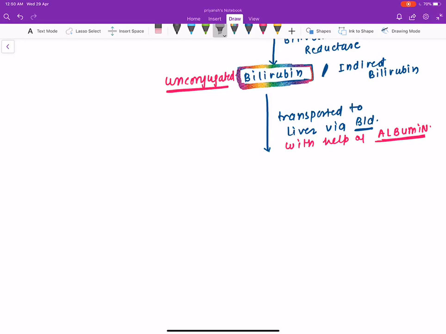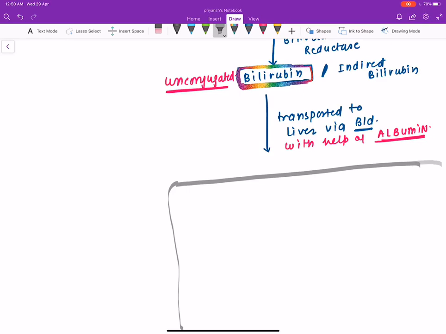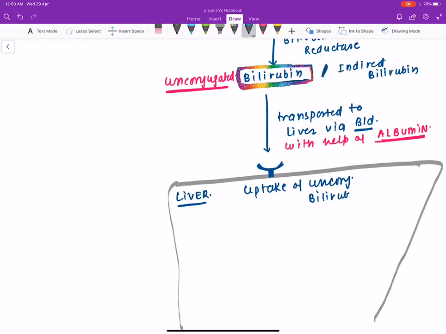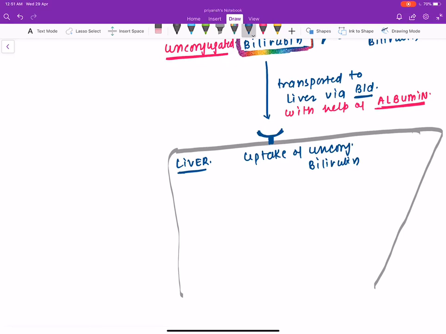Once they reach the liver, let's say this gray color is the liver, the liver will uptake these bilirubin molecules. So I can say there will be an uptake of unconjugated bilirubin by the liver.